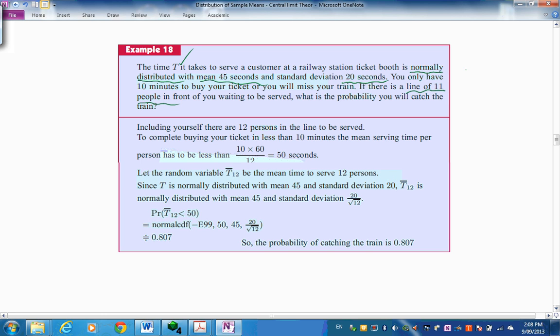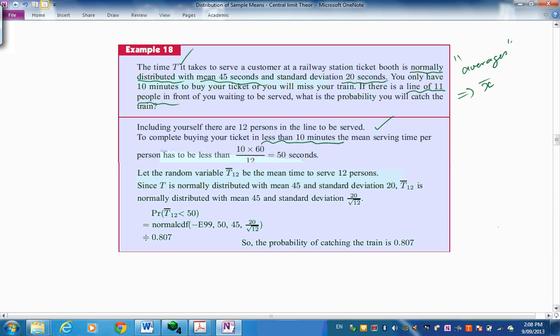Well, you're working on averages, aren't you? Averages in everyday language implies the mean waiting time. Okay, well, first of all, there are 12 persons, including yourself. You've got to have your ticket bought within 10 minutes, less than 10 minutes.